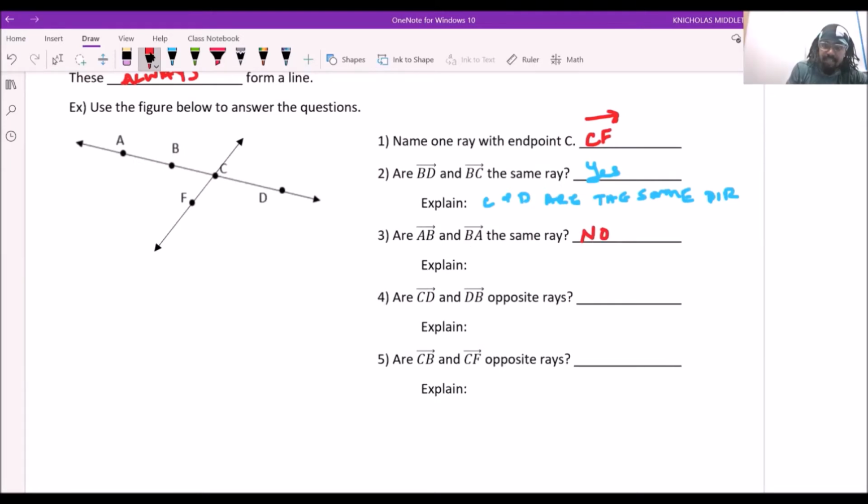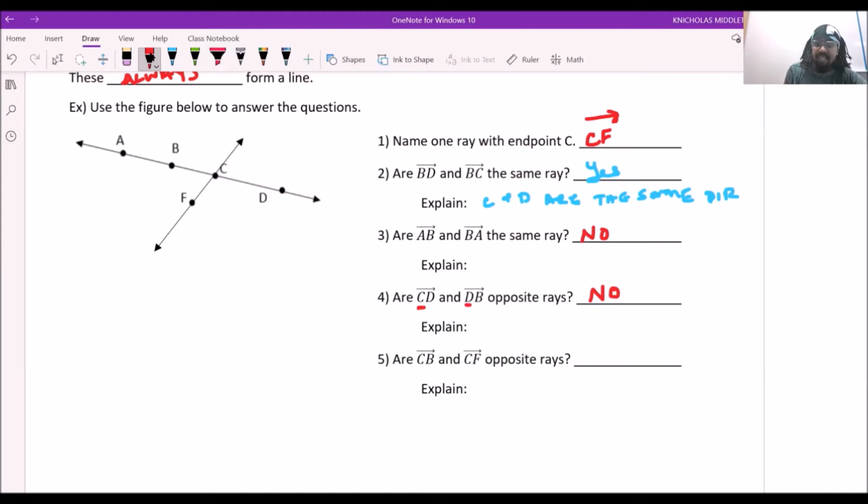Next, it says are ray CD and ray DB opposite rays? We shouldn't have to have a diagram here to answer this question. Without a diagram, the endpoints are the same. Remember that opposite rays have the same endpoint and go in opposite directions and make a line.